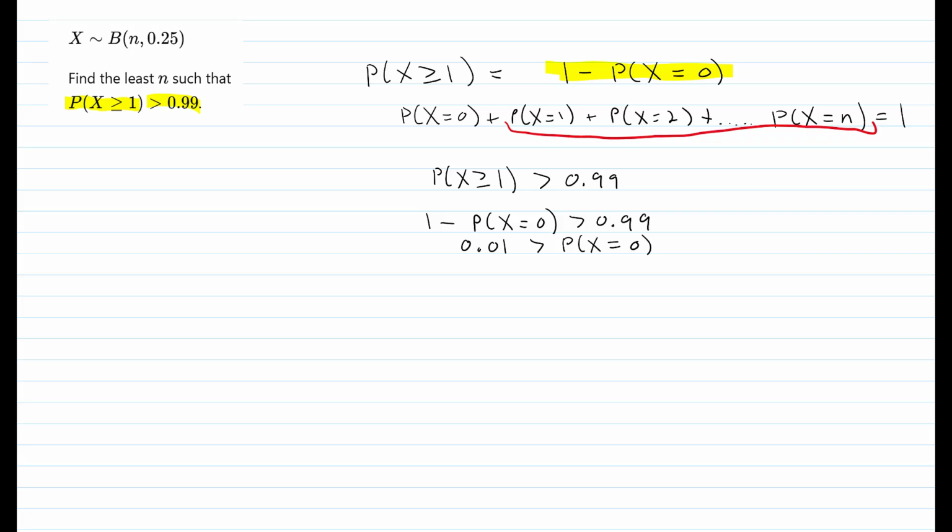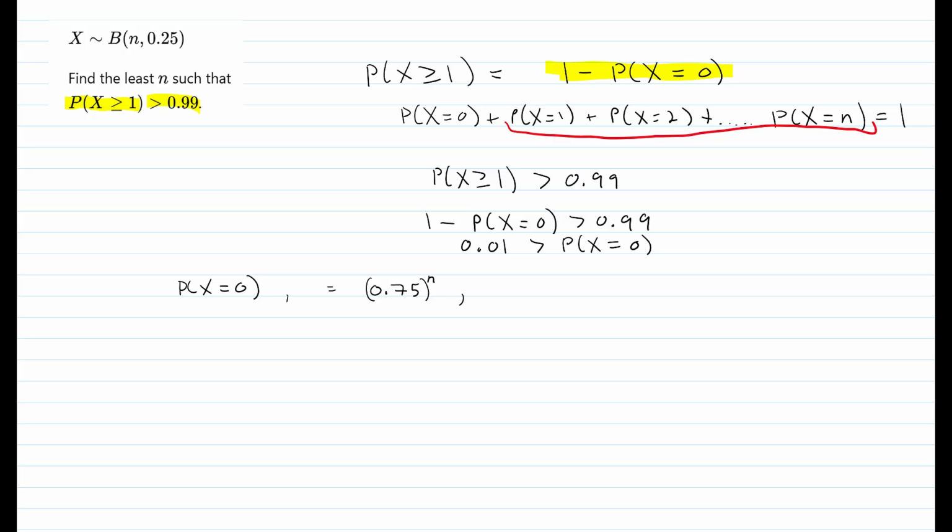So now we just need an expression for the probability that X is equal to 0. So that means we get no successes. If the probability of success is equal to 0.25, then the probability of failure is going to be 0.75. And if they're all failures, that's to the power of n.